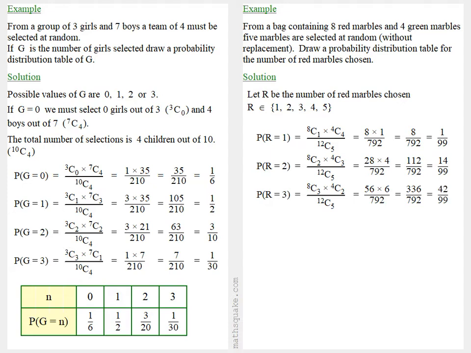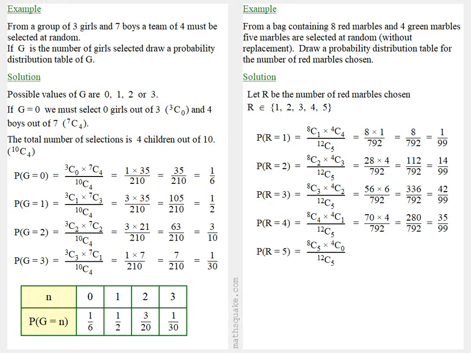So it's 8C3 times 4C2 over 12C5, which is 56 times 6 over 792, or 336 over 792, which cancels to 42 over 99. Now, to get 4 red marbles, we have to take 4 out of 8 red ones and 1 out of 4 green ones. So it's 8C4 times 4C1 over 12C5, which is 70 times 4 over 792, or 280 over 792, which cancels to 35 over 99.